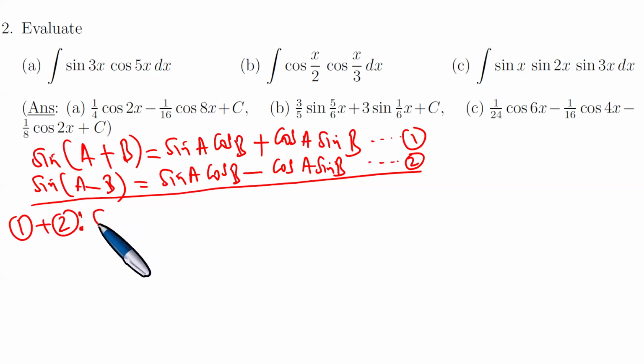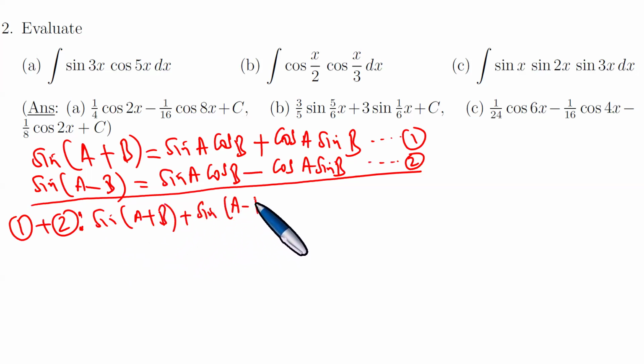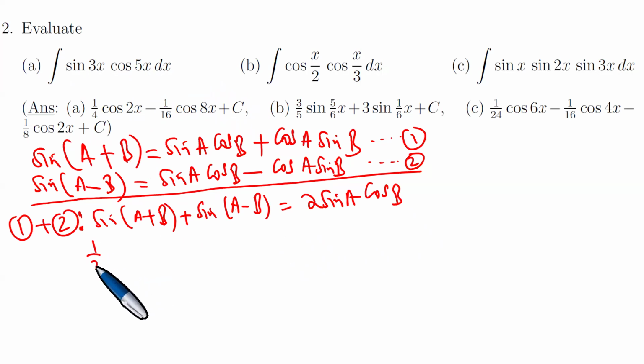Adding these two equations gives the sine of A plus B plus the sine of A minus B, which is exactly the same as 2 sine A cosine B. I'm just deriving the formula that I'm going to be using here, in particular to do A and B. So you divide by 2, which is 1/2.